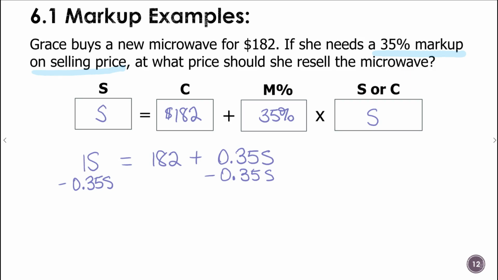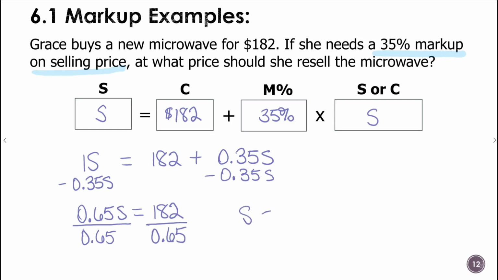So that's 1 minus 0.35. So it's going to be 0.65S equals 182. To solve, we have to divide by this number with the S because that means 0.65 times S. Divide by 0.65 and we find that S is $280.